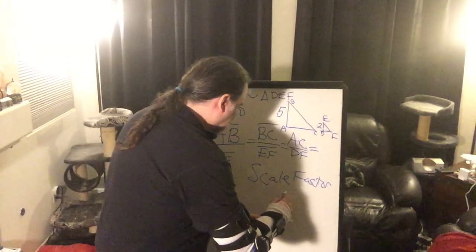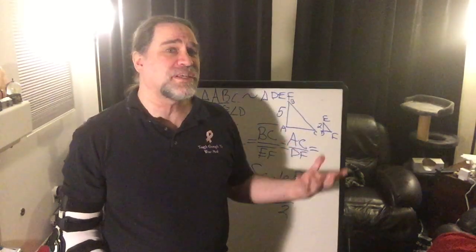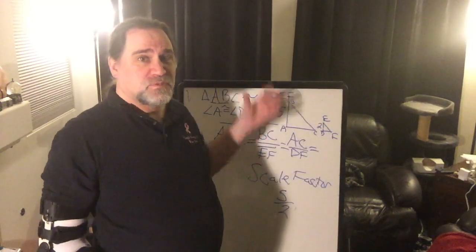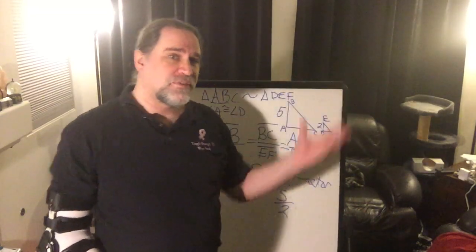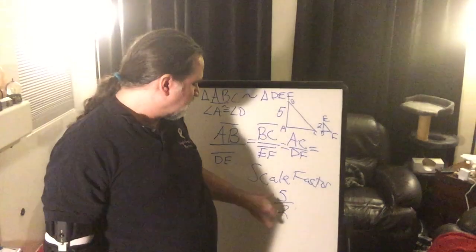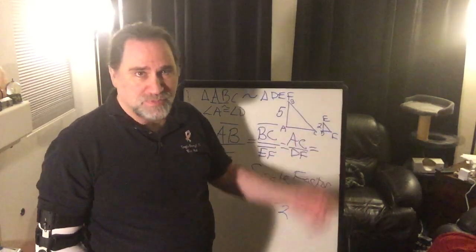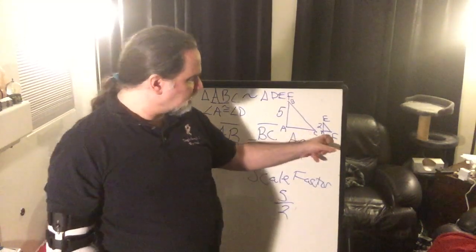The scale factor could be 5 to 2, and again, I said it normally is small to large, but it doesn't have to be. From the big to the small is 5 to 2. From the small to the big is 2 to 5. The relationship doesn't care which direction it's going, as long as you understand bigger number, bigger shape, smaller number, smaller shape. It's pretty straightforward.